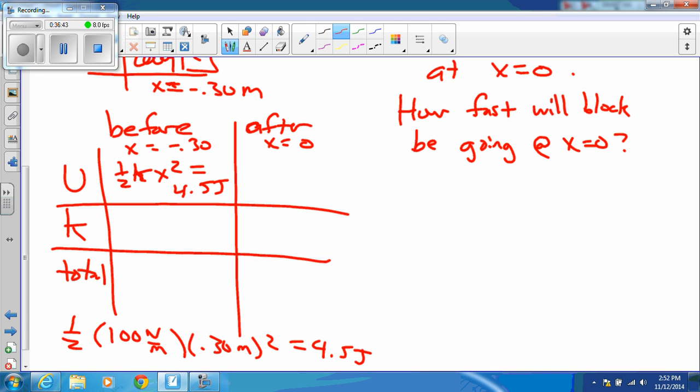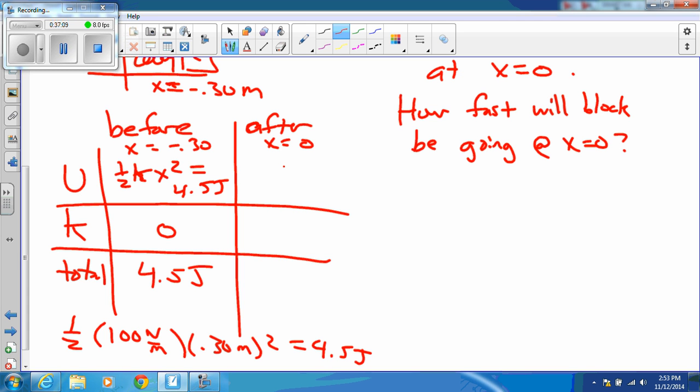Please notice that this 4.5 joules is substantially less energy than the object had at the top of the 15-meter building, which was 300 joules. The kinetic energy before was, of course, 0 because the object was not moving before I released. And so my total energy is 4.5 joules.